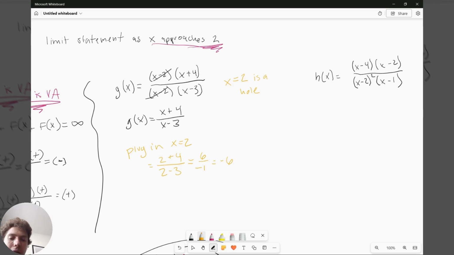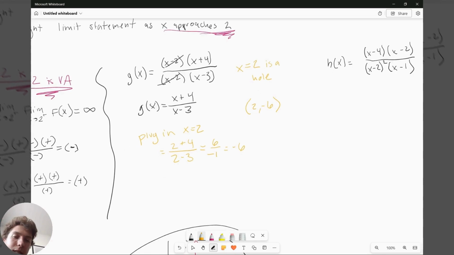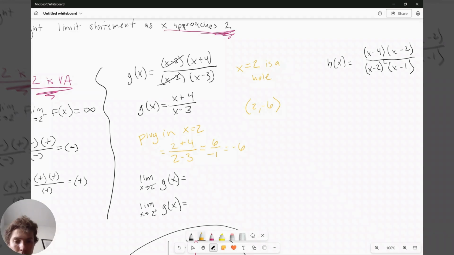So we end up getting a hole occurring at (2, negative 6). But I need to talk about the limit as we get close to that hole. Well, again, because I can't have negative 6 on this actual function, I need to talk about the left side of 2, and I need to talk about the right side of 2 for our function g of x.